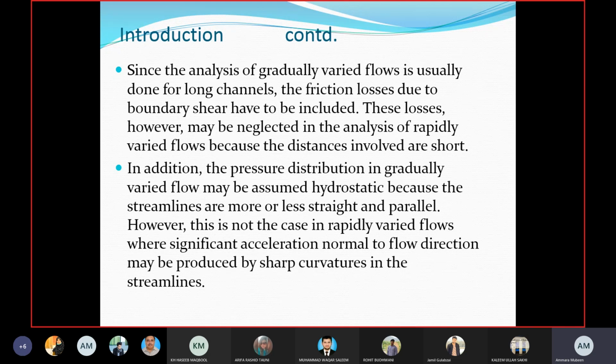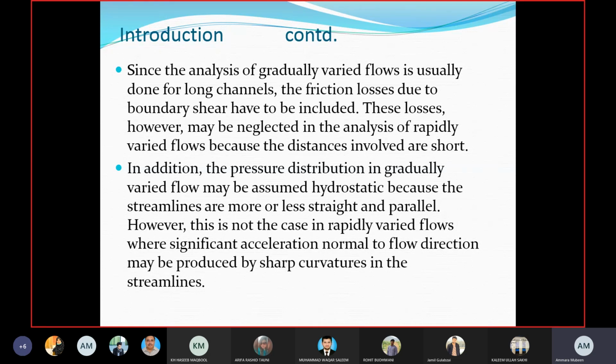Since the analysis of gradually varied flows is usually done for long channels, the friction losses due to boundary shear have to be included. These losses, however, may be neglected in the analysis of rapidly varied flows because the distances involved are short.